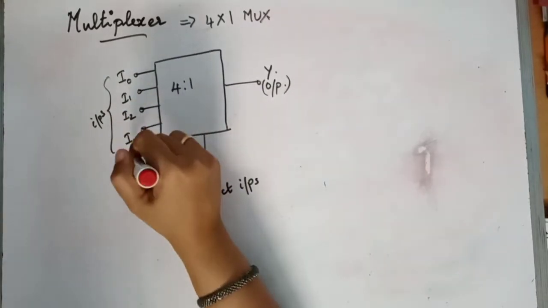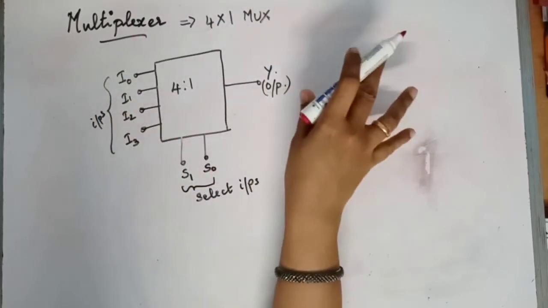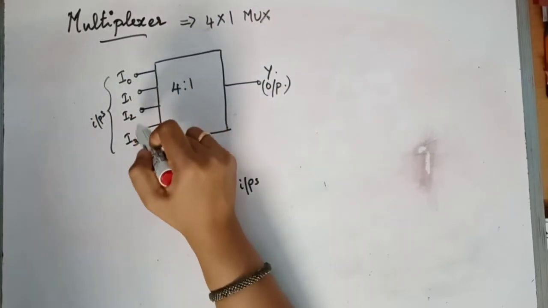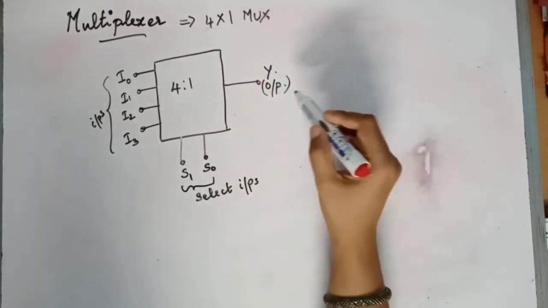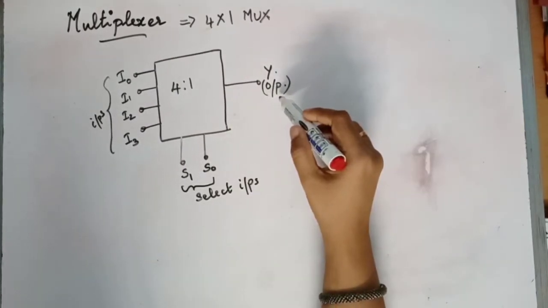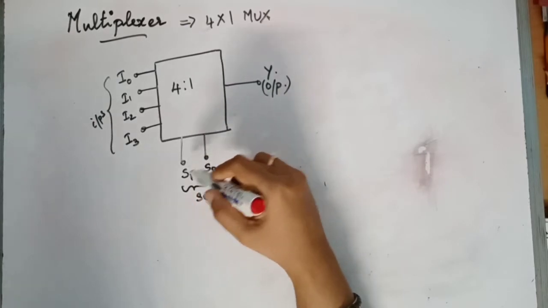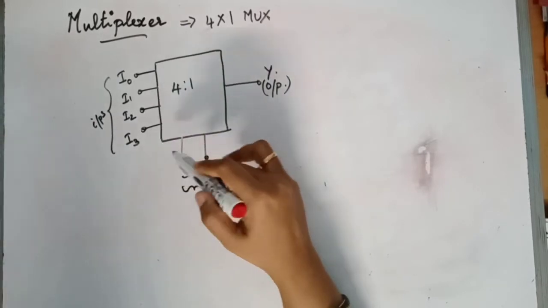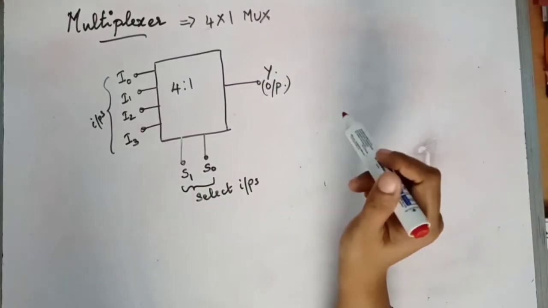So these are your switches. In a lab, in a digital trainer kit, you have 4 input switches, and Y is your output, so this is your LED. These two are also inputs, but these are used to select the inputs. So these are also switches. Physically, these are also switches.